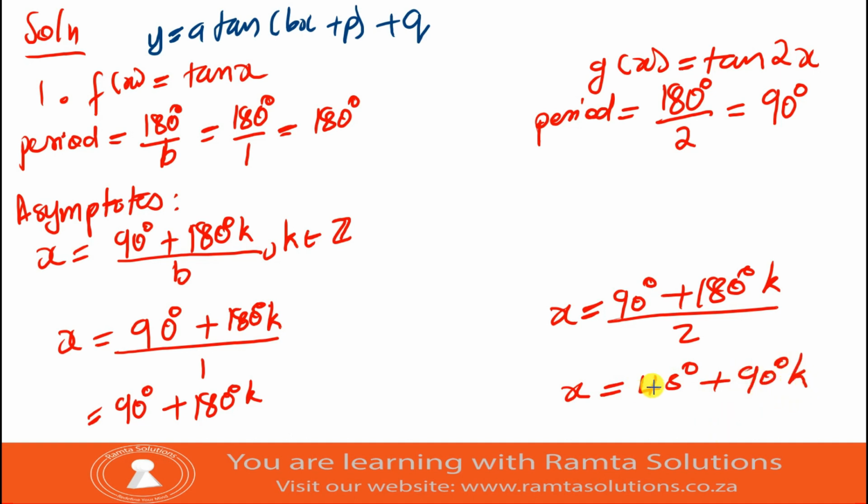Now you are going to use your calculator. First, take this as f of x. So go to mode. On my calculator, the table option is option 7. I don't know what it is on your calculator. I'm using Casio FX991.